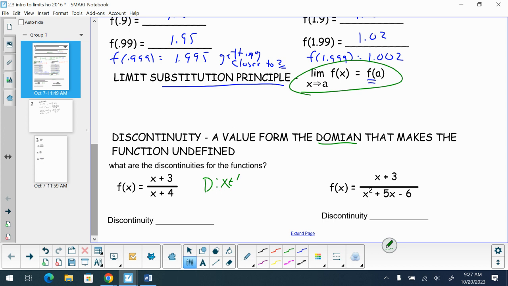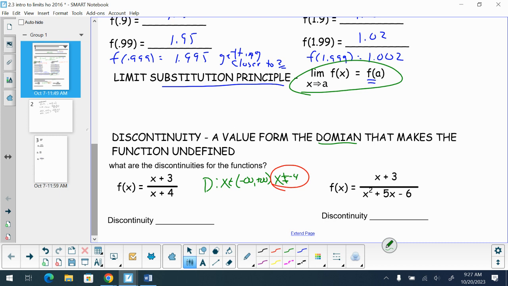Negative infinity to positive infinity. What do we exclude? X cannot equal -4. When we talk about a discontinuity, it's the value from the domain that makes the function undefined. It's basically, what do we have to exclude? We have to exclude x equals -4.